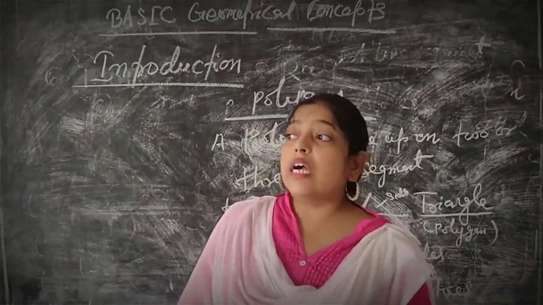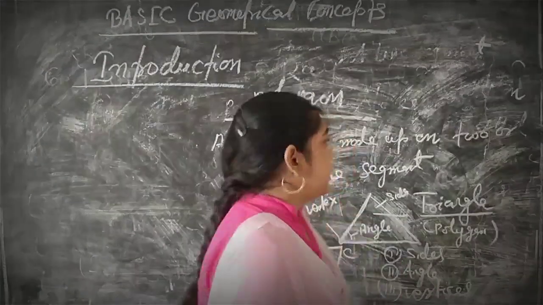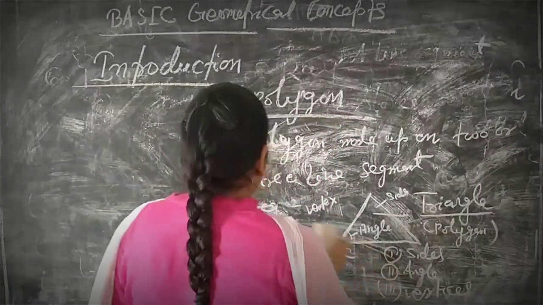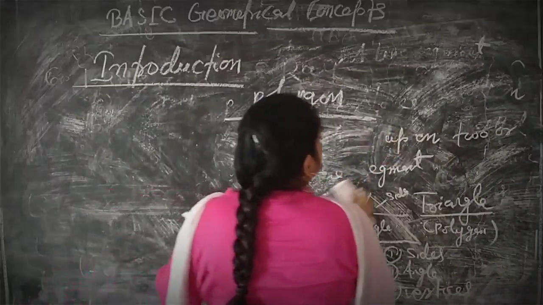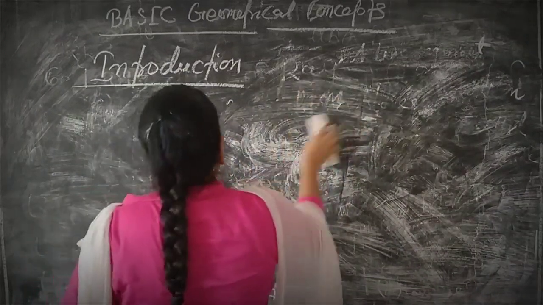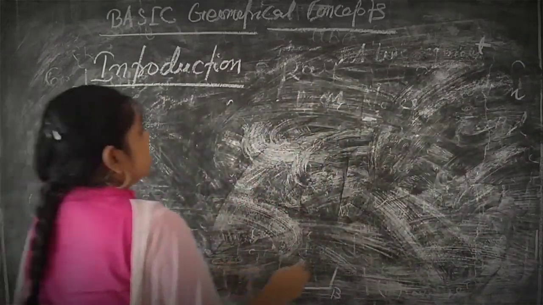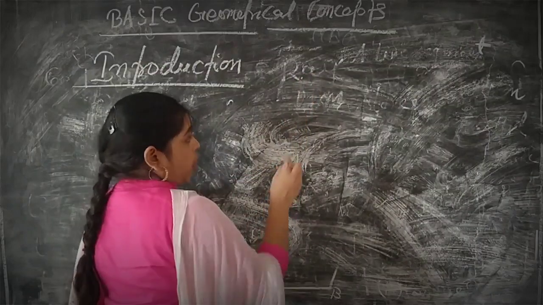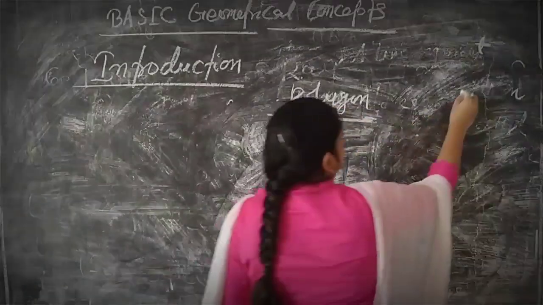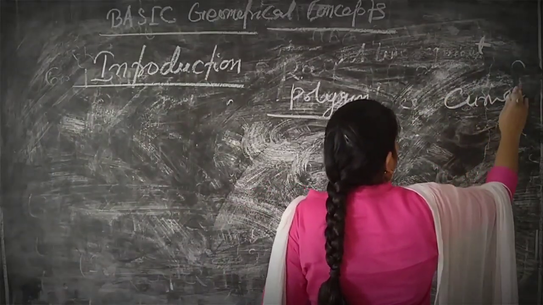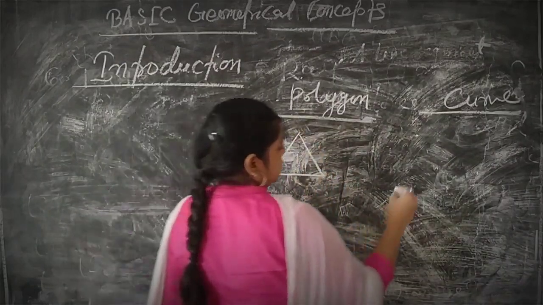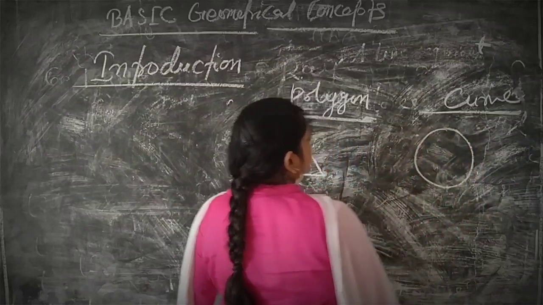Now look at this picture. What is the difference between the polygon and a curve? First we can draw some pictures of the polygon and some pictures of the curve. These are the figures of the polygon, but these are the figures of the curve.